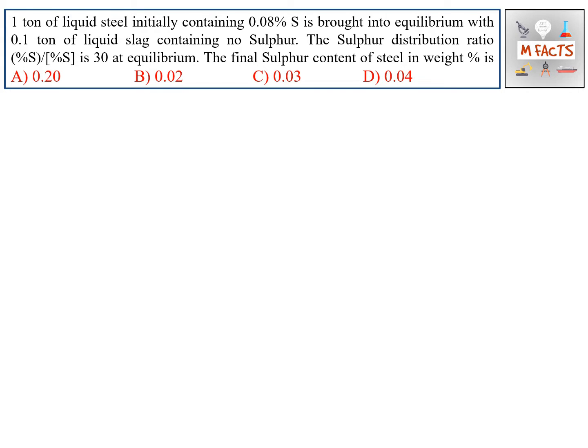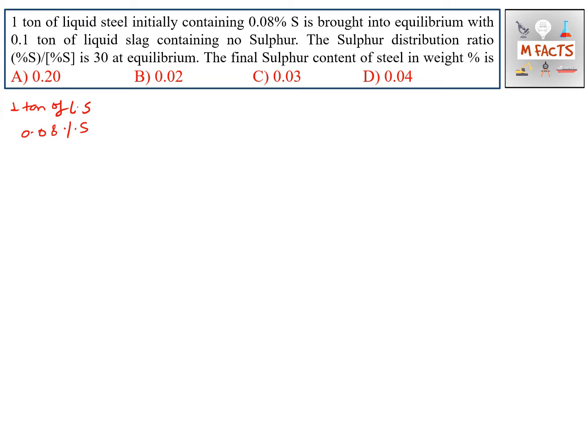In any type of material balance question, slag treating question, or concentration process question, we need to understand the process flow. So for this question, we will try to draw a schematic process flow. According to the question, 1 ton of liquid steel initially contains 0.08% of sulfur.